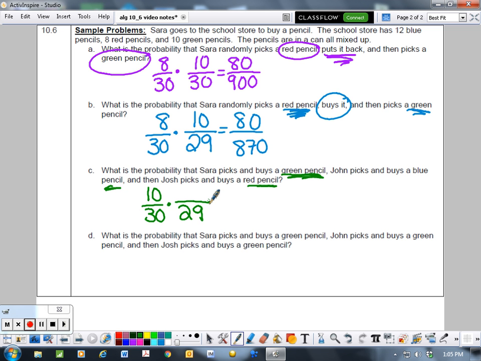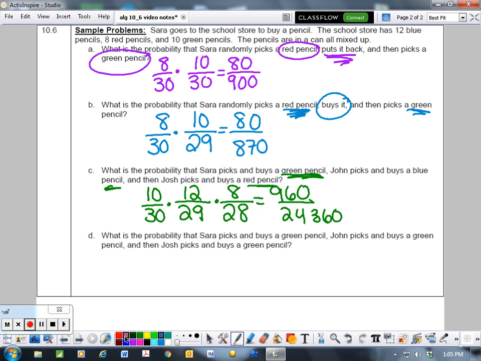Blue pencils, there are 12. And then Josh is going to come pick a red pencil, so now we're down to 28 pencils, and 8 of those are red. And so now we would go ahead and multiply those, which gives us 960 over 30 times 29 times 28, 24,360.